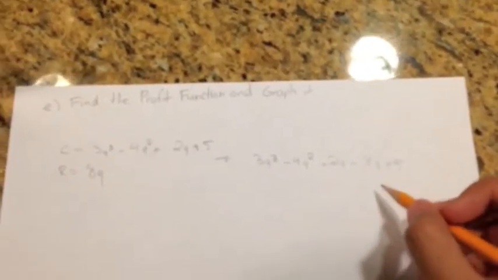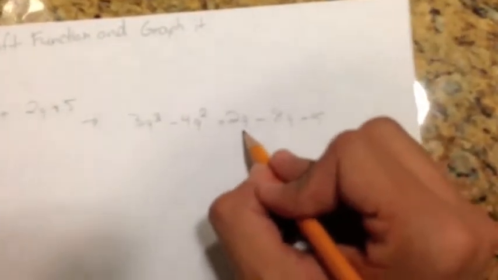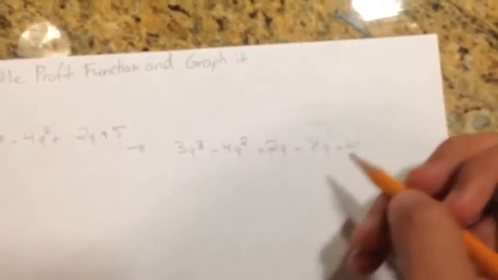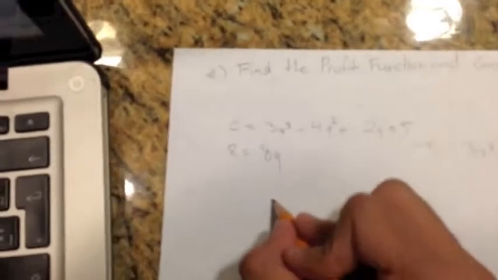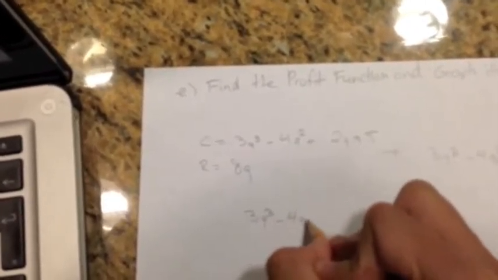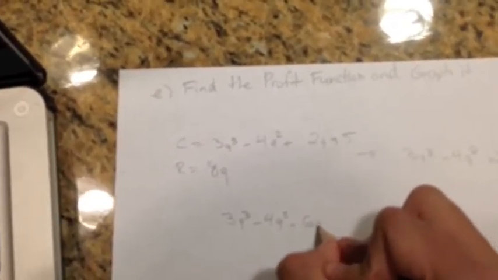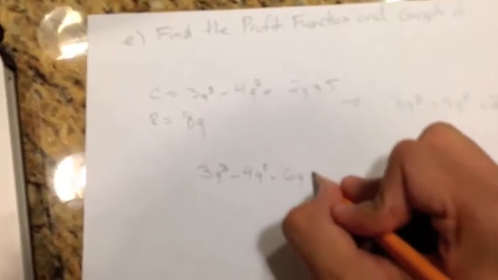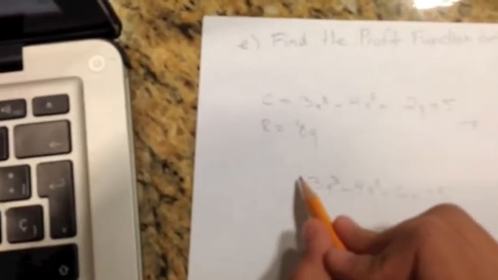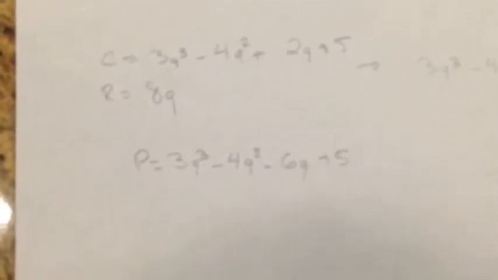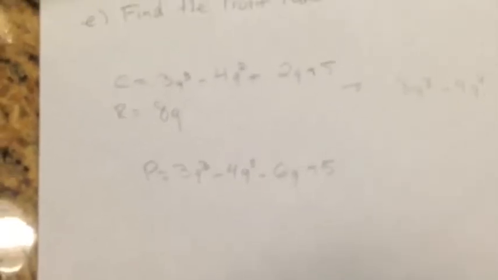Now from this, we see that we have two like terms over here. Now this can be simplified. So we're going to get 3q cubed minus 4q squared minus 6q plus 5. And that is the equation for total profit.